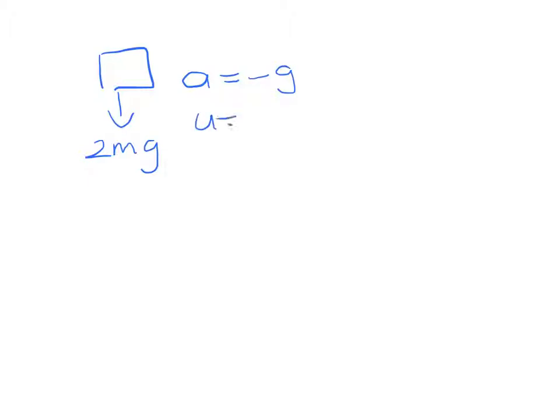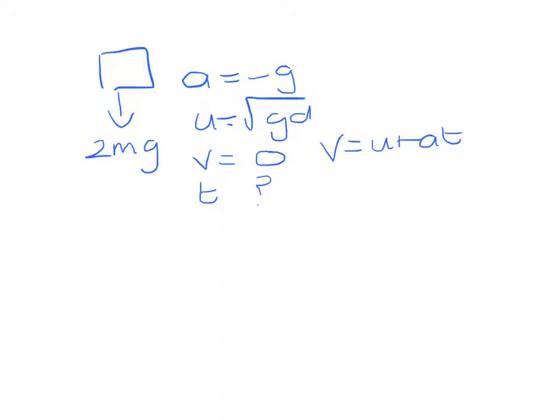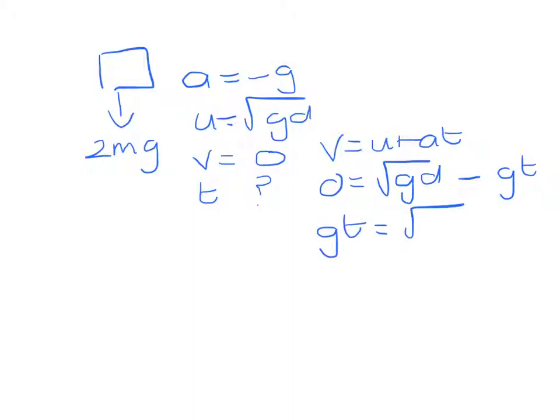Its initial velocity is the square root of gd, the velocity with which P hit the floor, and it will rise until velocity equals 0, so I'm going to work out the time it takes for this to happen. v equals u plus at, so 0 equals square root of gd minus gt. So gt equals root gd, t would equal the square root of gd all over g.